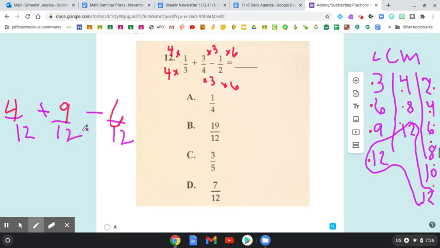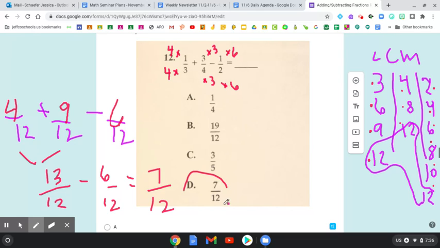I'm going to work left to right within my fractions now. So 4 twelfths plus 9 twelfths would be 13 twelfths minus 6 twelfths. So 13 minus 6 would be 7. 12ths stay 12ths. So D.